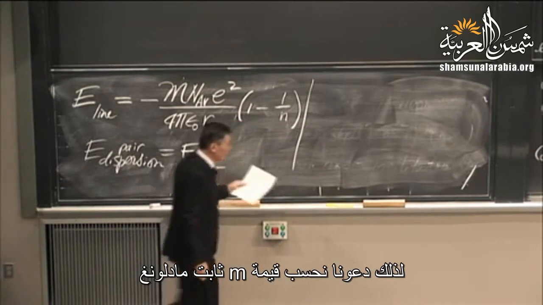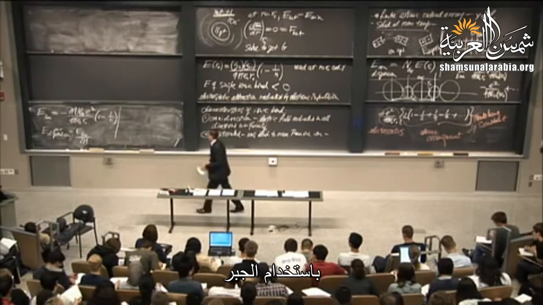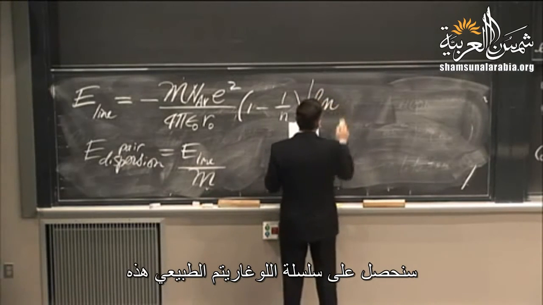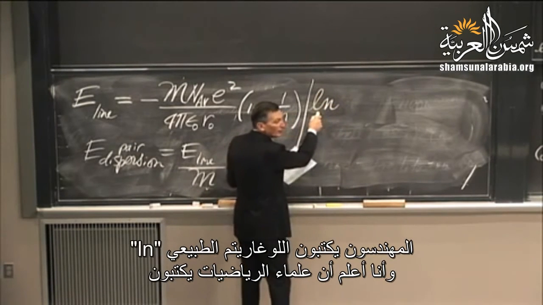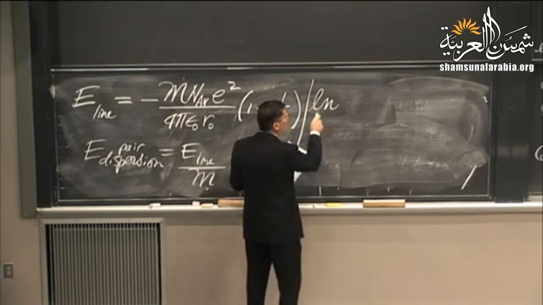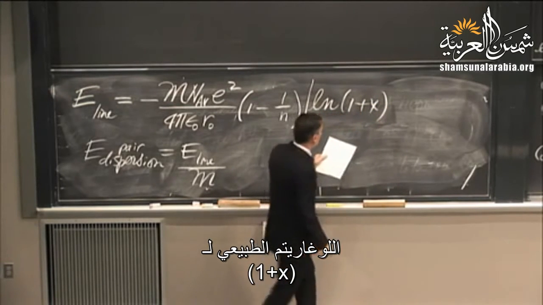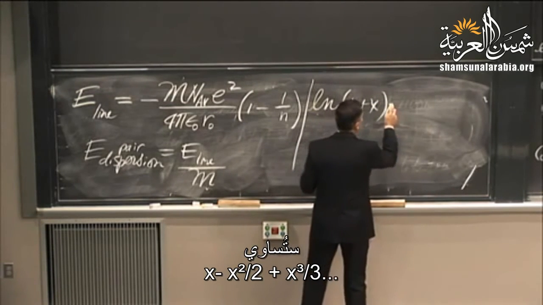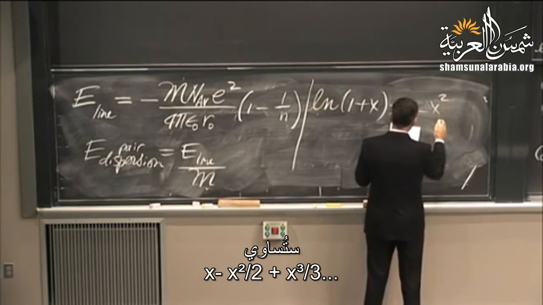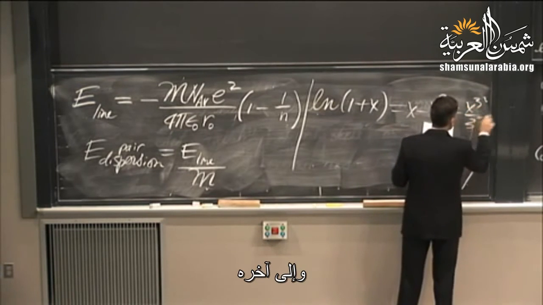All right? So let's calculate the value of M. And you can go to your algebra books, and you've got this series, natural log. Engineers write natural log as ln. I know the mathematicians write log. That's 1 plus x. Natural log of 1 plus x. You can expand this as x minus x squared over 2 plus x cubed over 3.